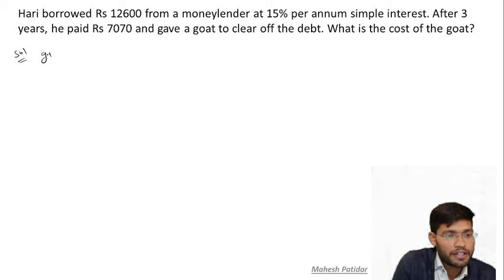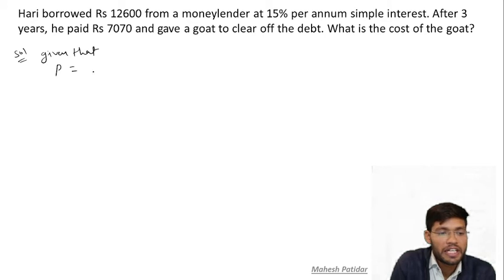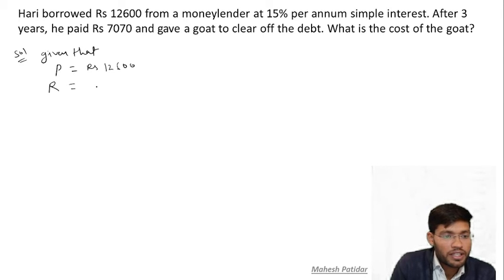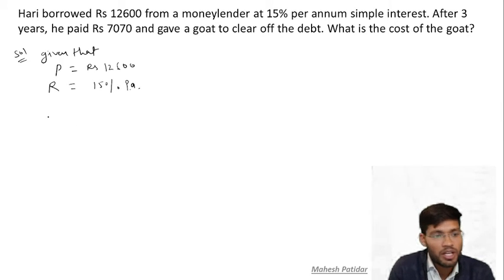Solution: given that principal, that is what he borrowed from a money lender, is equal to rupees 12,600, and the rate at which he borrowed money is 15% per annum, and time is equal to 3 years.